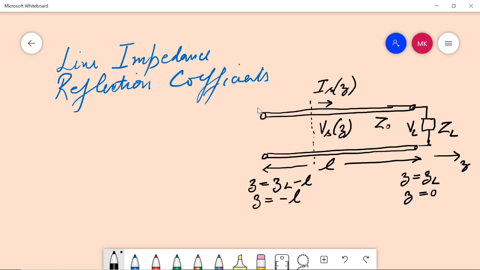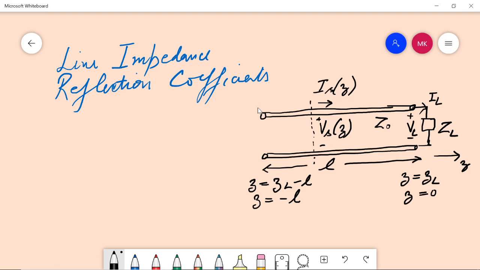This is a voltage VL, with plus and minus polarity at this moment, and the current flowing through this load at this point is called IL. So this is a general current I(z). This is a function of space, and this is a function of space. So we are talking about this current and voltage at a particular value of Z.